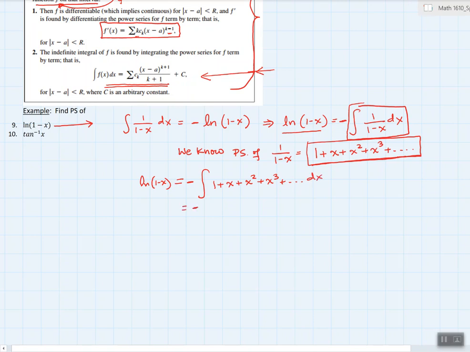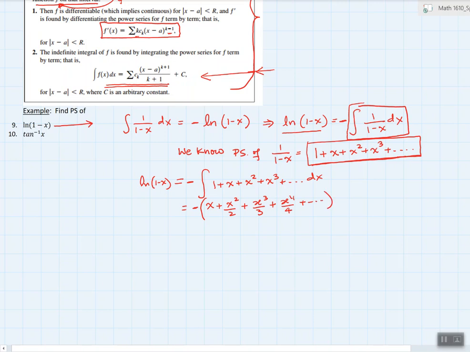So I would get negative: integral of 1 is x, next one is x squared over 2 plus x cubed over 3 plus x^4 over 4, and so on.